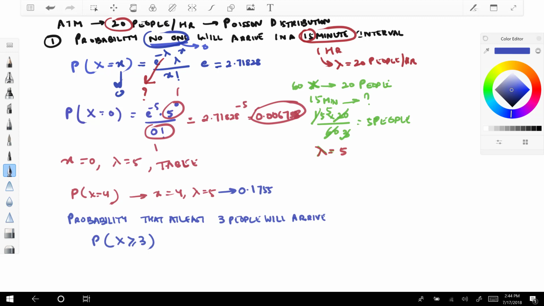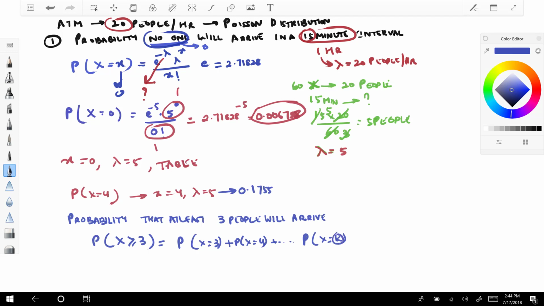So greater than or equal to 3 means P of x equal to 3 plus P of x equal to 4, and so on until P of x equal to k. It's very difficult to calculate until k, since we don't know what k is.